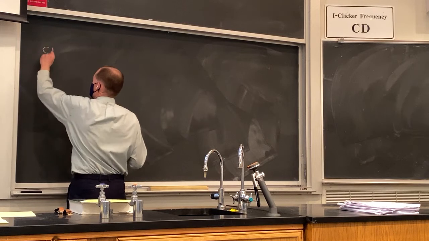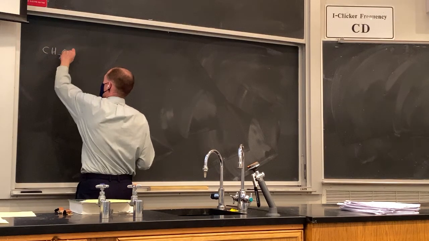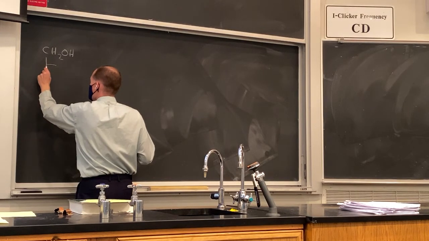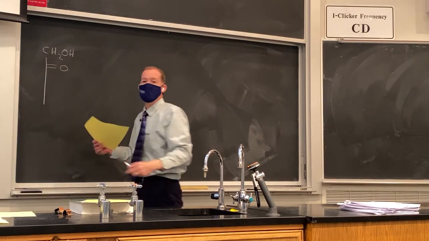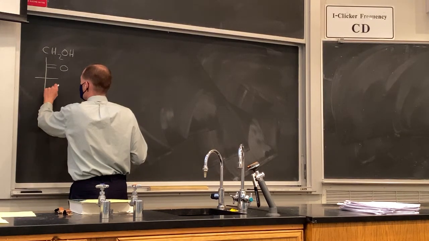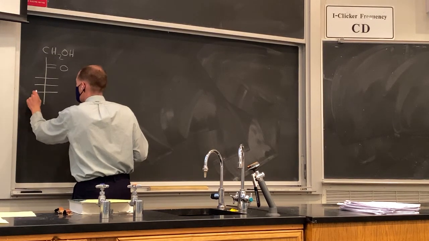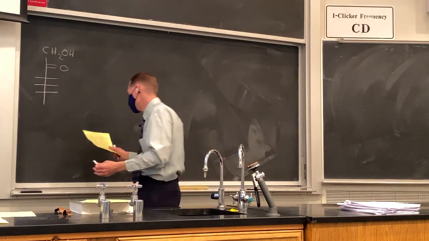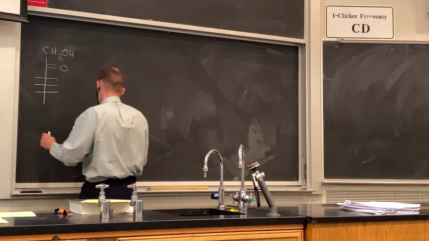So first we'll draw our Fischer projection of fructose. Being a ketose, it has a primary alcohol at C1, and it has a ketone at C2. I kind of cringe when we draw the ketone in a Fischer projection because it's drawn flat. It doesn't show the bond angles correctly, but that's what we're stuck with.